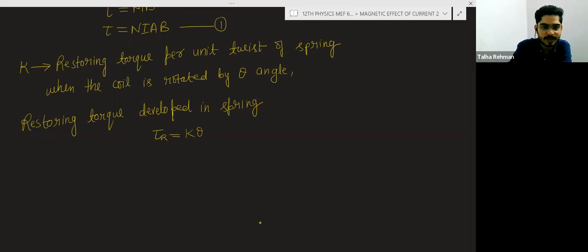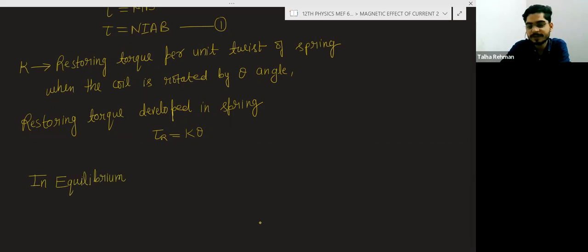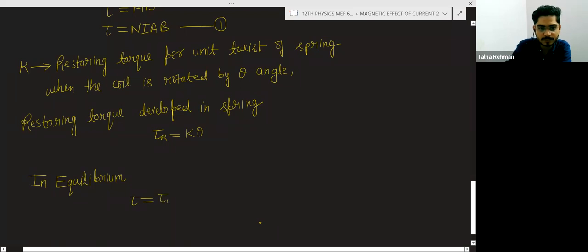So in equilibrium, the torque generated is equal to the restoring torque by the spring, means tau is equal to tau r. Tau r is the restoring torque, written already.